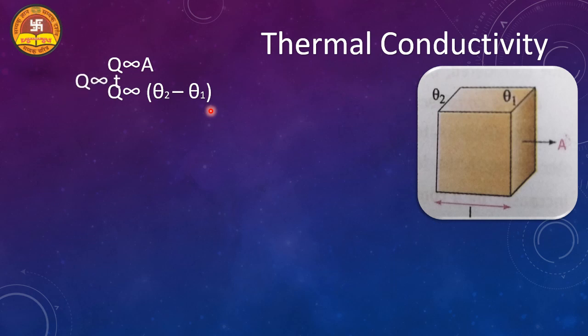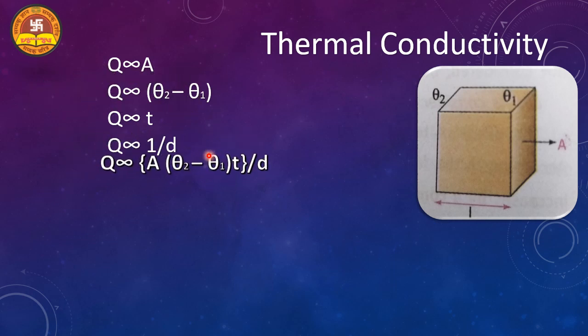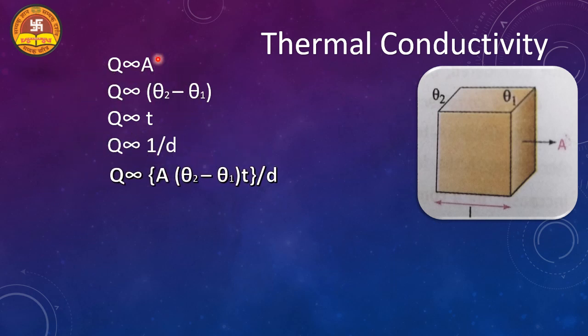Q is also directly proportional to the time in which the quantity of heat passes through the slab. And Q is inversely proportional to the width of the conductor. That is, Q proportional to 1 by D. So if I combine all these four relations, what will I get? I'll get Q directly proportional to A into theta 2 minus theta 1 into T divided by D.